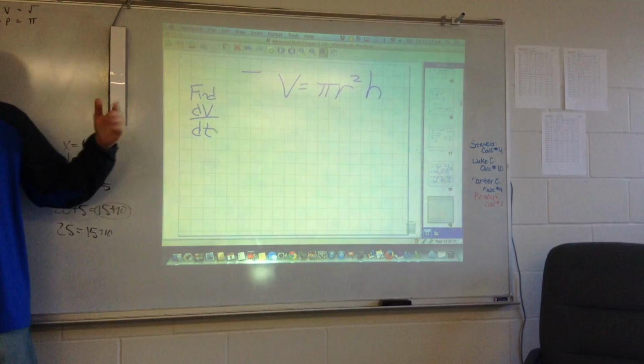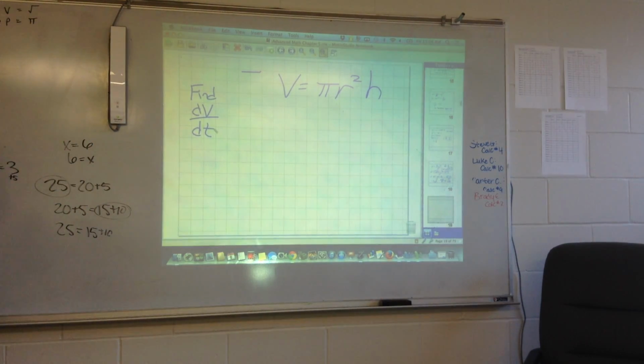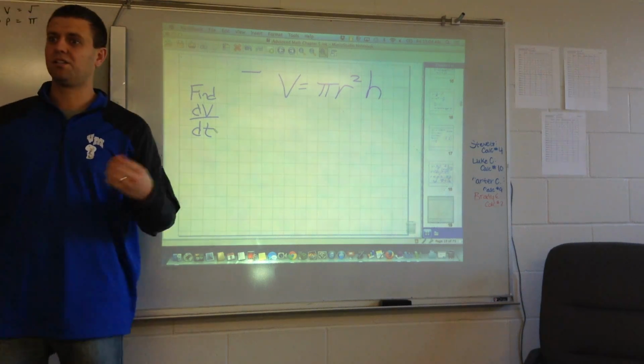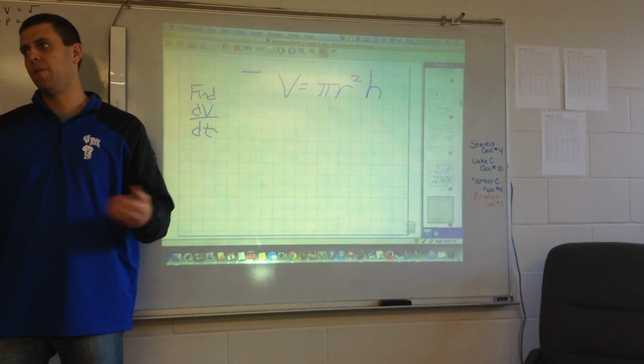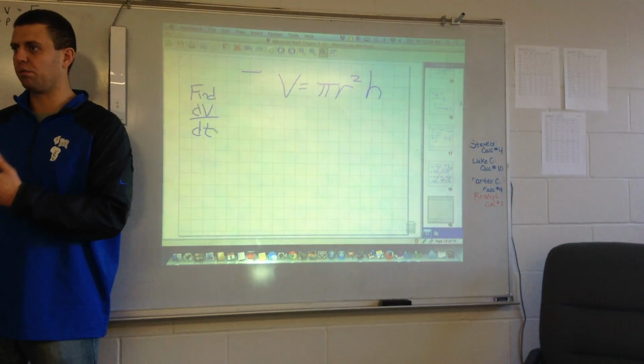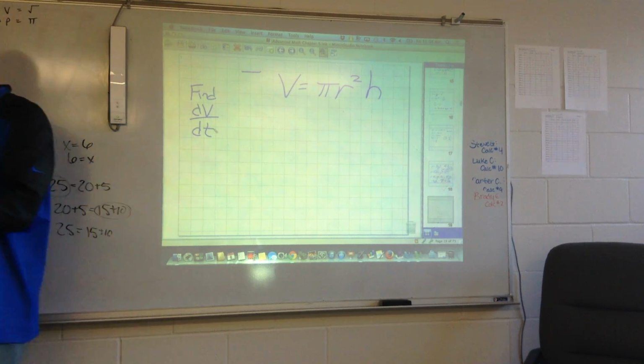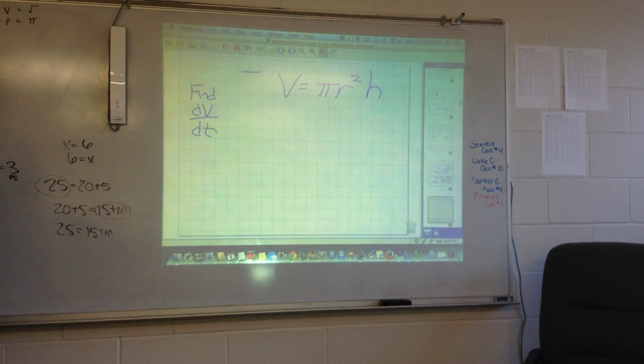I need to differentiate both sides with respect to t, or time. Well, what do you notice? There is no t variable. So I'm going to differentiate everything with respect to t. If you think back, when differentiating y with respect to x, what did you have to add every time you differentiated a variable that's not the one you're after?